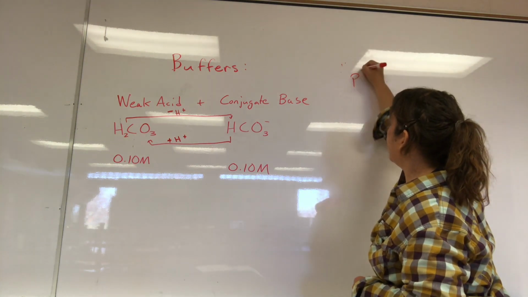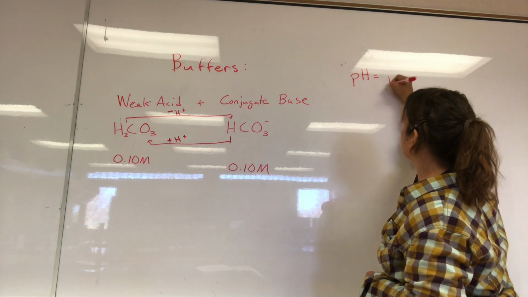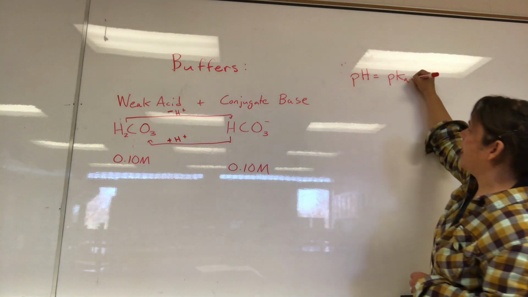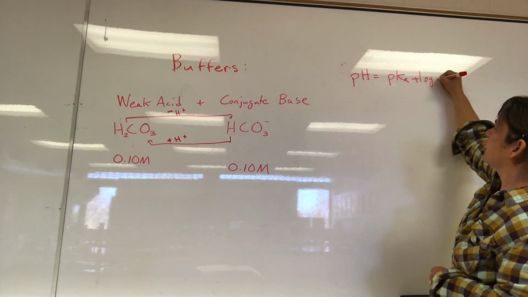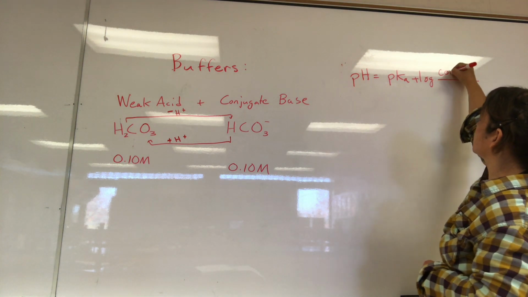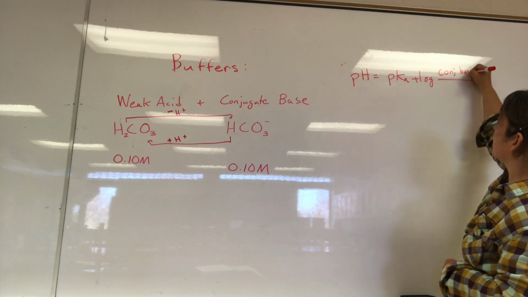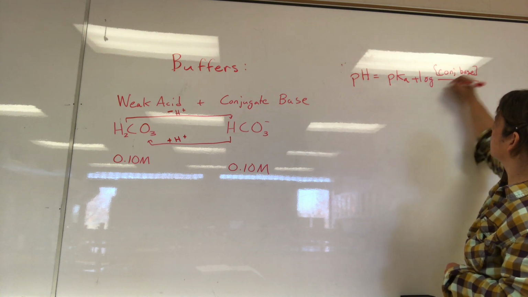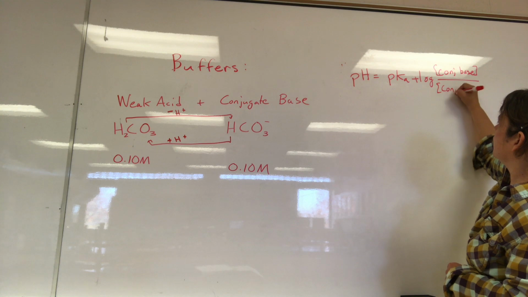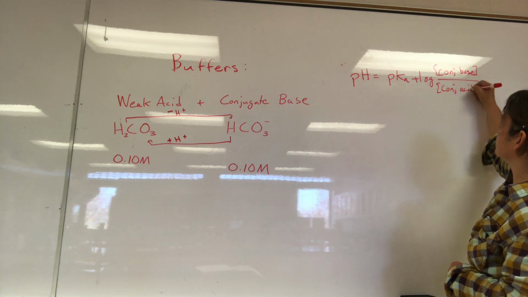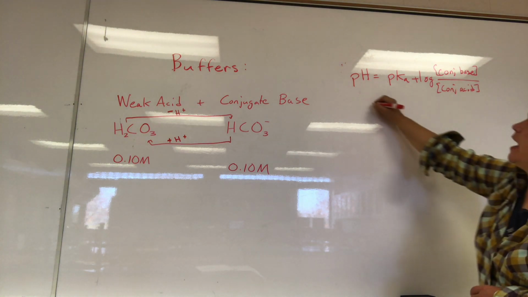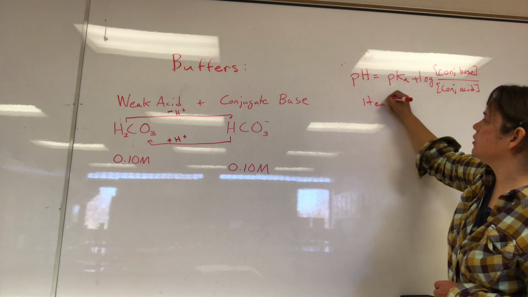The pH is going to equal the pKa plus the log of the ratio of the conjugate base concentration over the conjugate acid. So this is called the Henderson-Hasselbalch equation.